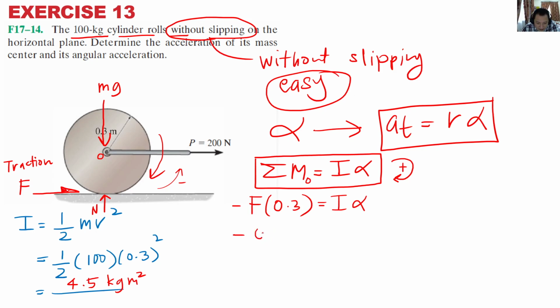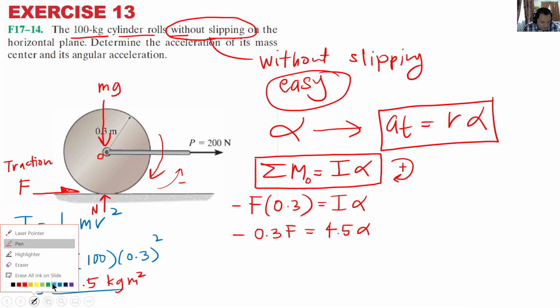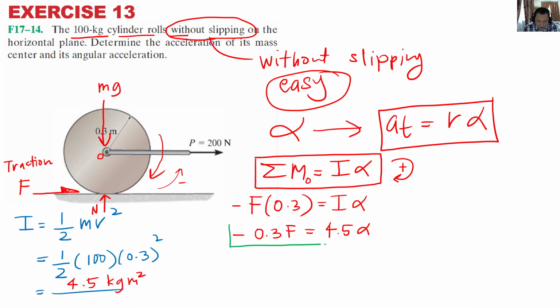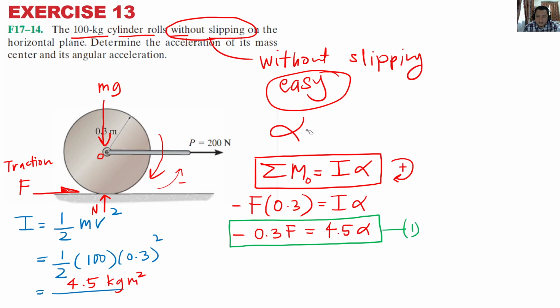So negative 0.3 F is equivalent to 4.5 alpha. This is your first equation. In order to solve this, you need one more equation. What kind of equation is that? Let's continue.